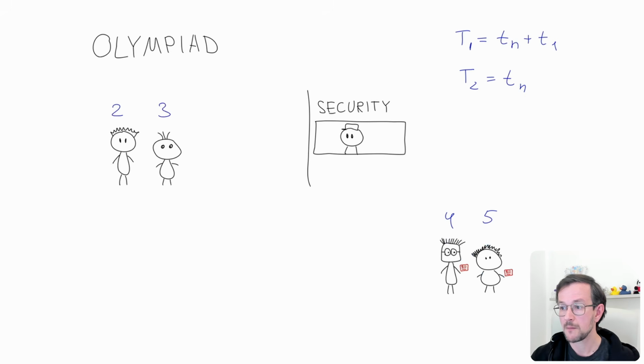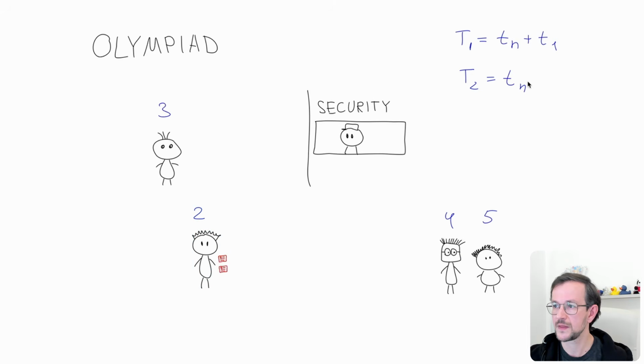But now we have a problem. We need to take these badges outside. To do this, we need to take some fast person who is already inside and ask him to take both badges outside. We need to take this person 1, for example, give him both badges and ask him to go outside.